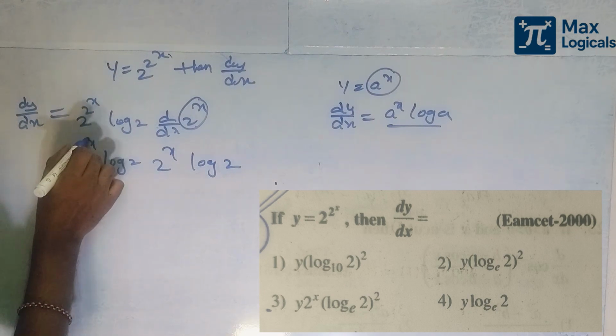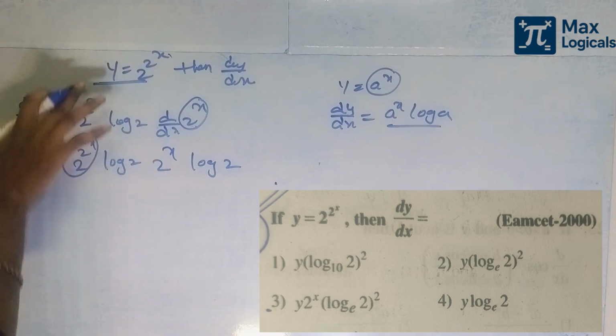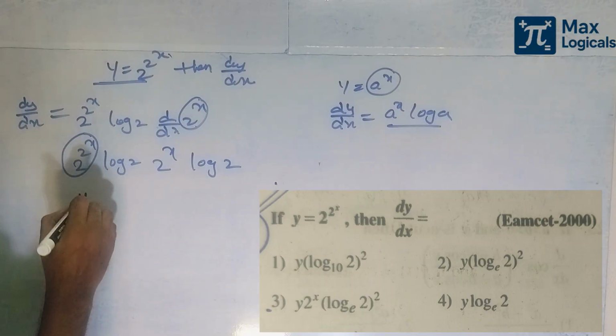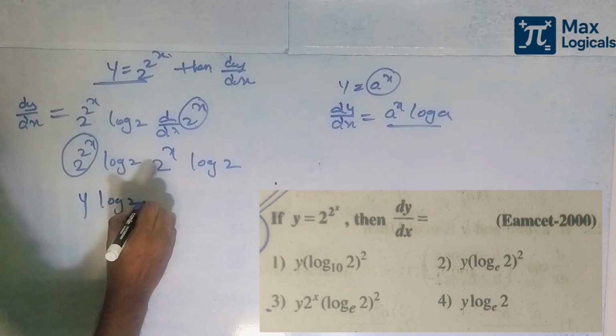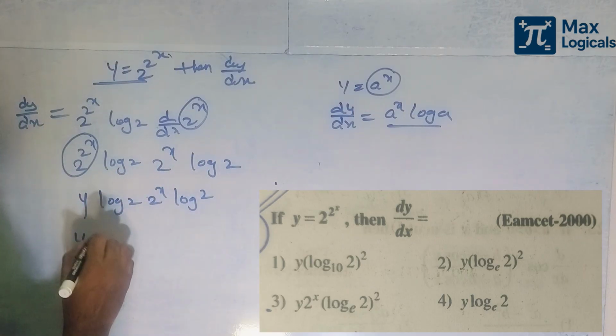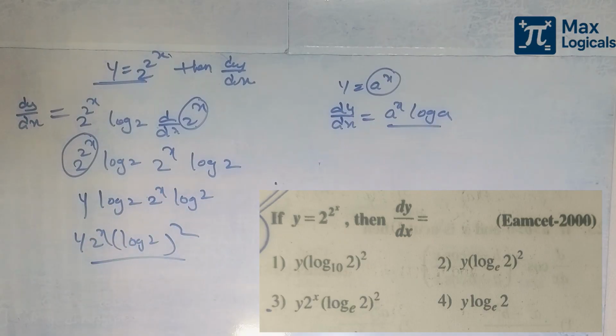Now 2 power 2x is denoted by y. Now we replace this function by y, that is log 2, 2 power x log 2, where y is 2 power x log 2 whole square. Okay, this is our final answer.